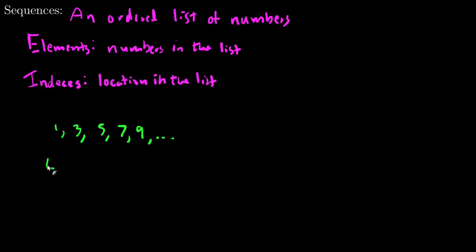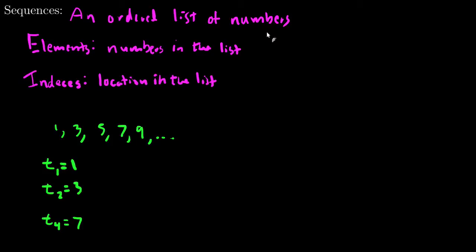And so I could say the first term is equal to 1. The second term is equal to 3. The term at index 4 is 7. And that's the basics of sequences in general.